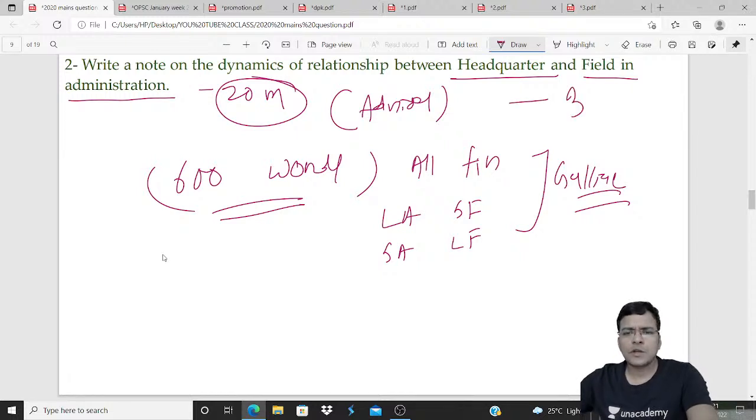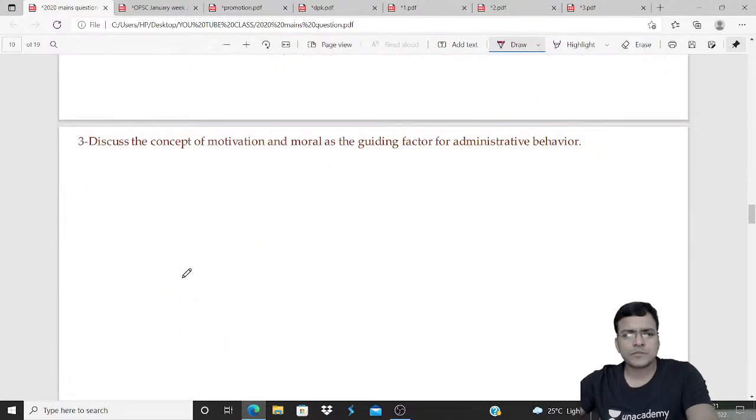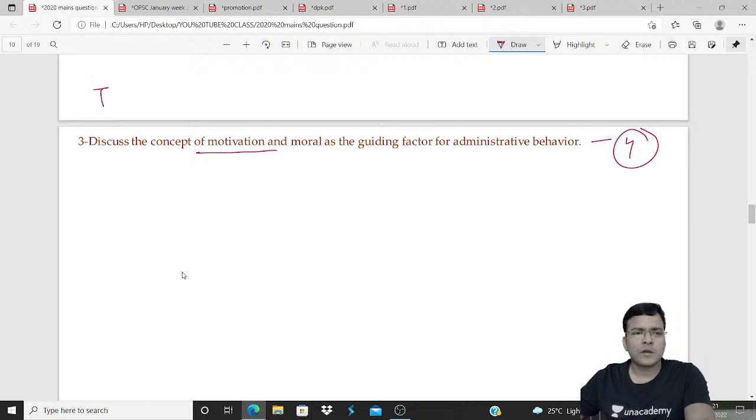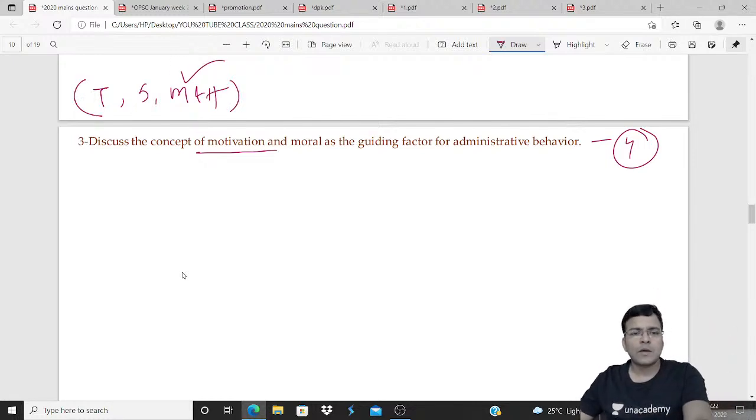This question is from unit 3. Yes, this question is from unit 4, administrative behavior, and every day in class I have told that one question will come from Taylor, Simon, Maslow and Herzberg. Among these, one theorist will come.